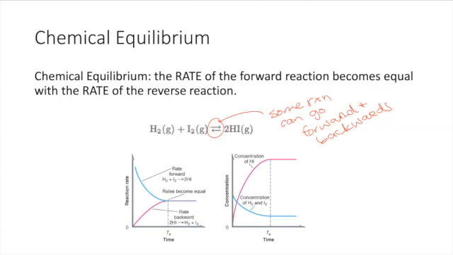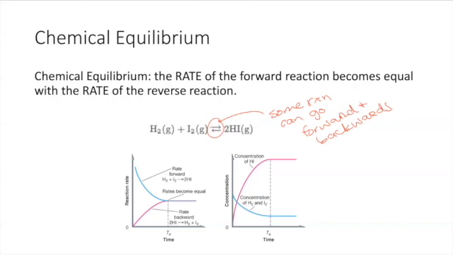So each of these reactions, the forward and the backwards, have different rates. They can be happening at different rates. Chemical equilibrium is when the forward reaction becomes equal with the reverse reaction, so the rate of the forward and the rate of the reverse become equal.